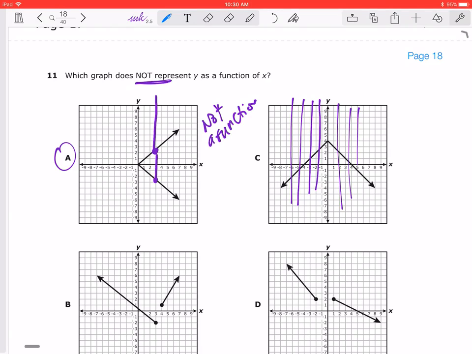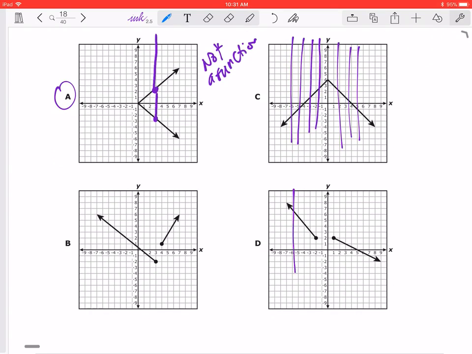So that means I can't hit that graph again. All right? And same with D. I'll never hit it again. Again, here, I'll never hit it.